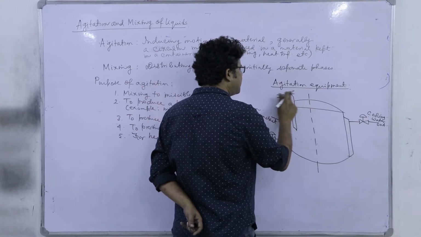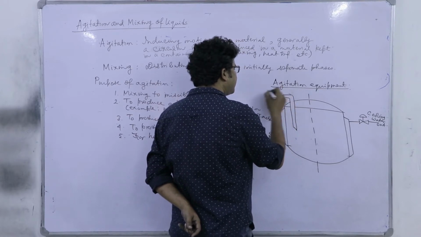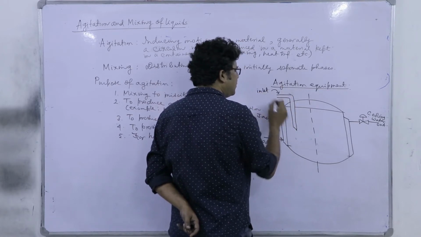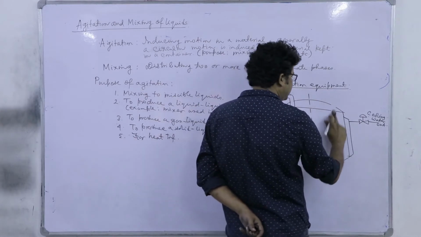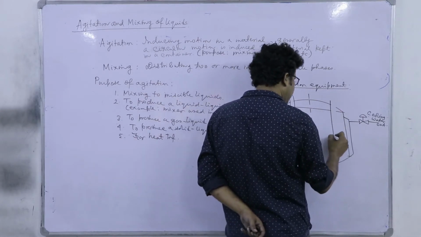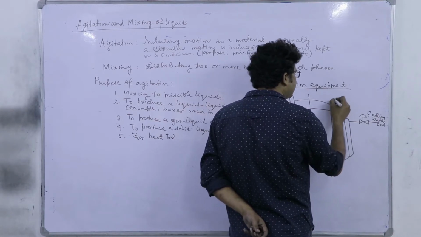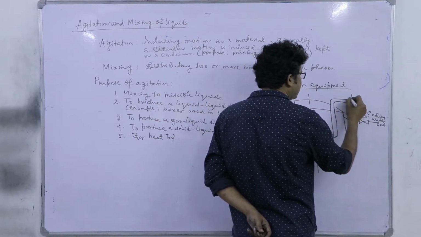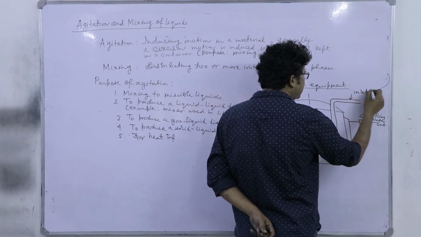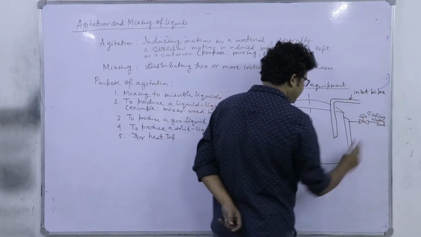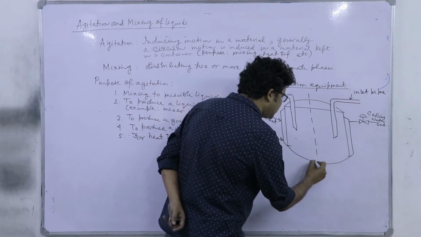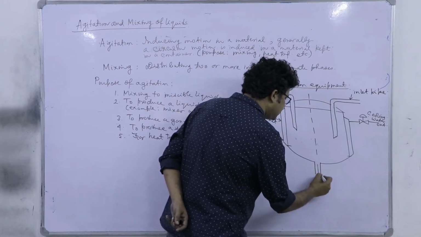So this is the inlet pipe. We can have multiple inlet pipes like this if necessary. And we have an outlet here.